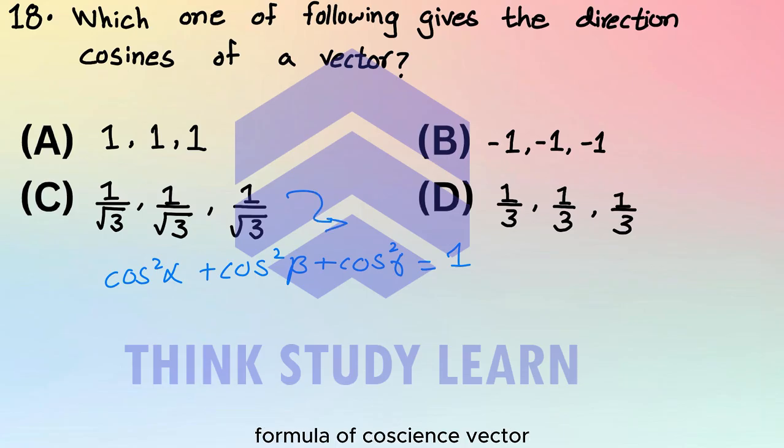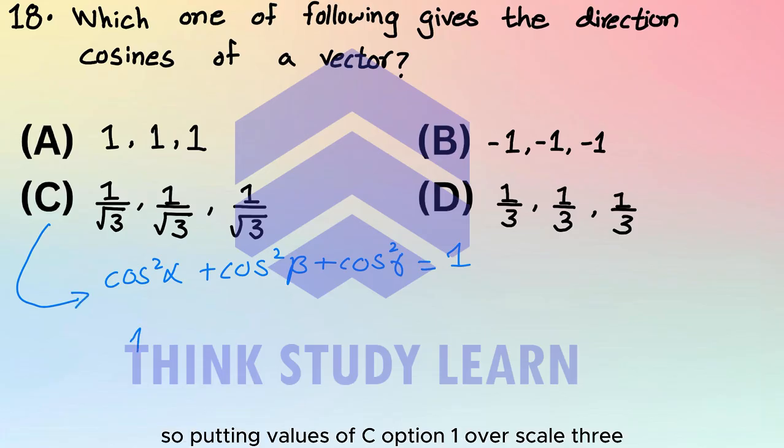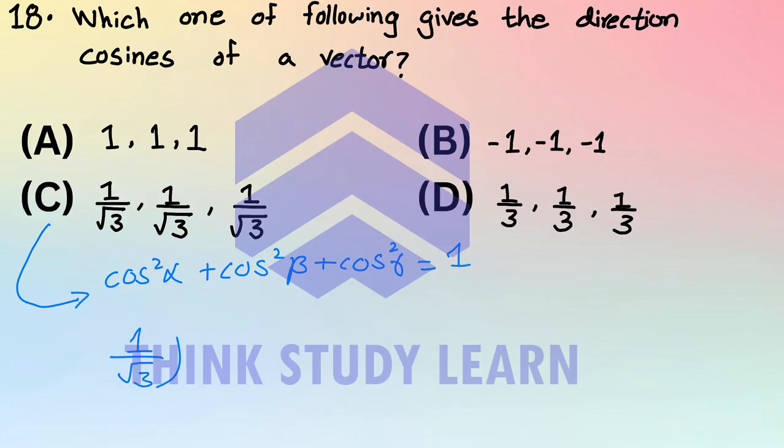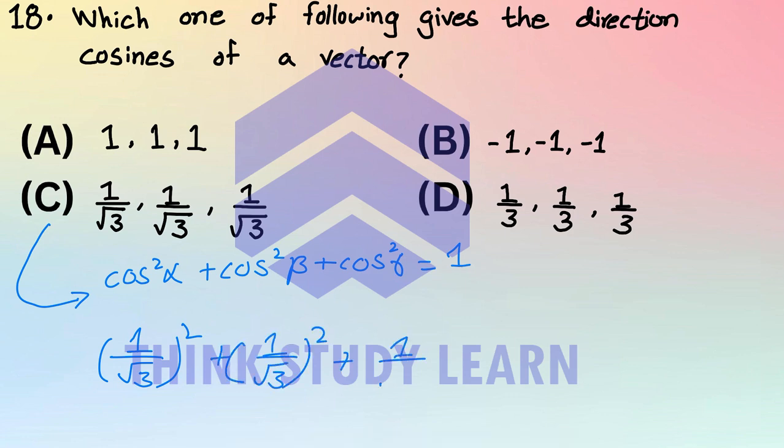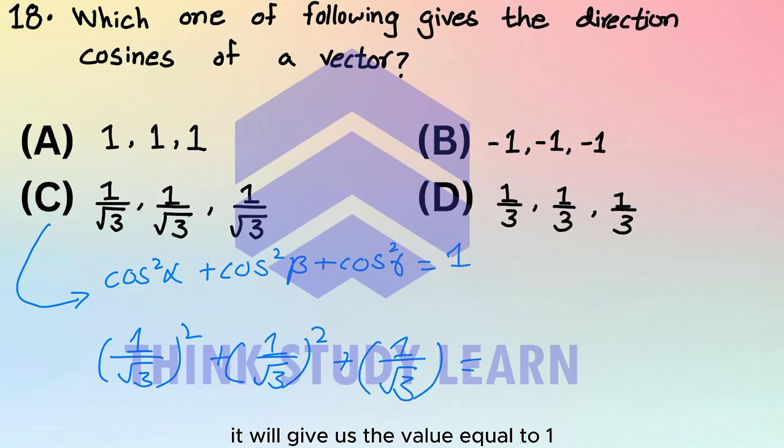If we look at the C option and put the values, 1 over square root 3 whole square plus 1 over square root 3 whole square plus 1 over square root 3 whole square, it will give us the value equal to 1. So it satisfies the formula for the direction cosines of a vector. So C option, 1 over square root 3 for alpha, beta and gamma, is the right answer.